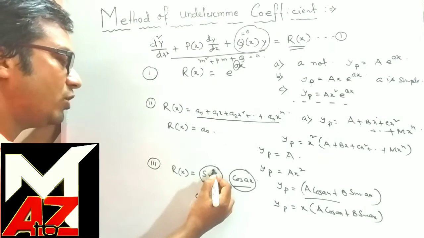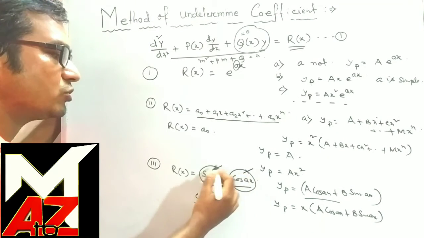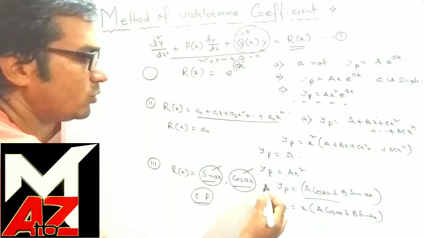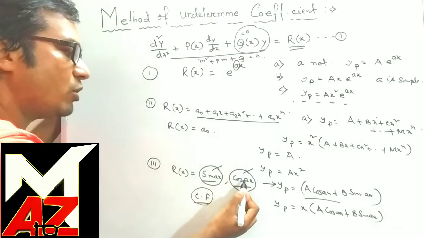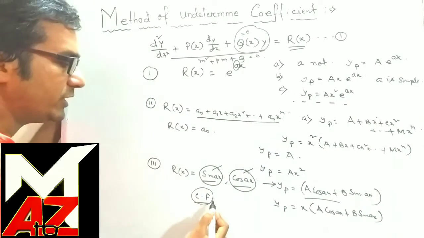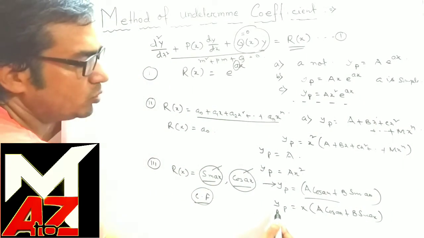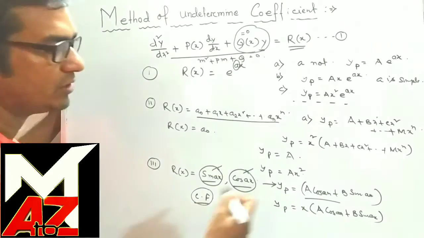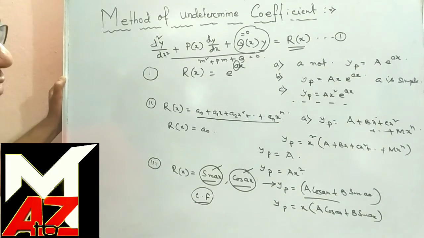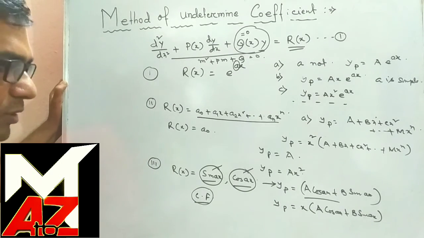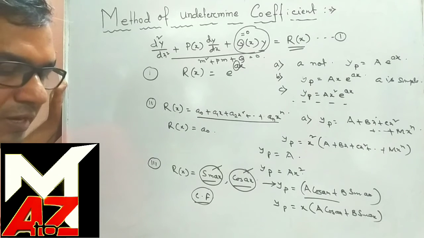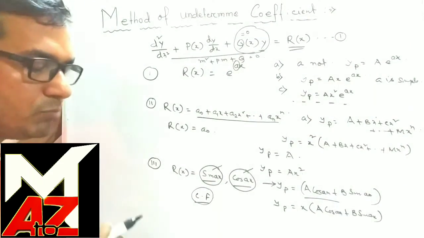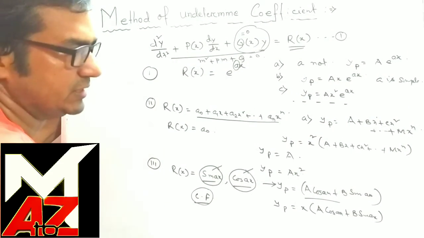If sin ax and cos ax are not contained in yc, then yp is of the form A cos ax plus B sin ax. And if sin ax or cos ax or both are contained in yc, then we must take yp equal to x into (A cos ax plus B sin ax).